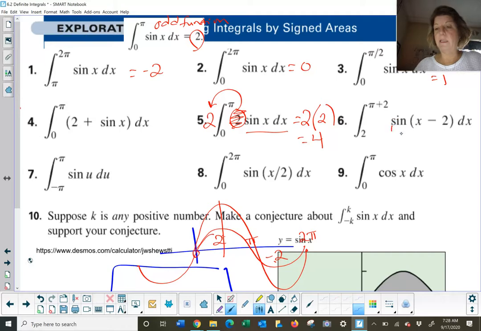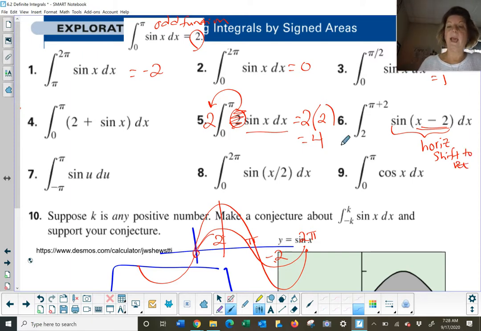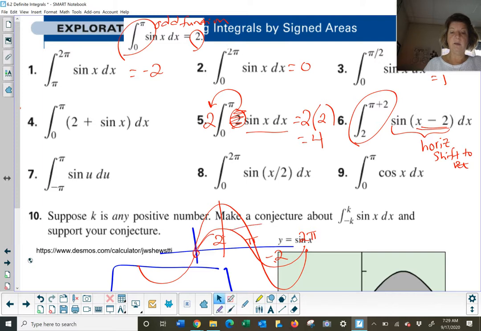Now, when I look at 6, this is a horizontal shift, isn't it? This is a horizontal shift to the right. That makes this a little bit tough, but when I look at the bounds, they also got picked up and moved to the right by 2 units. So we're really still looking at the same quantity.